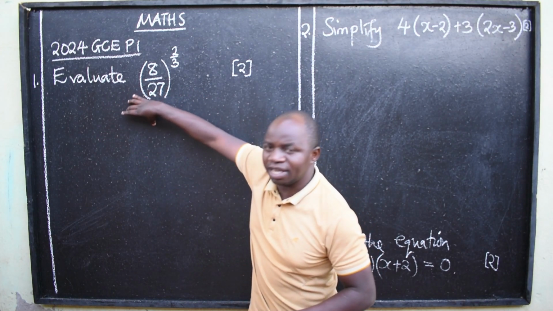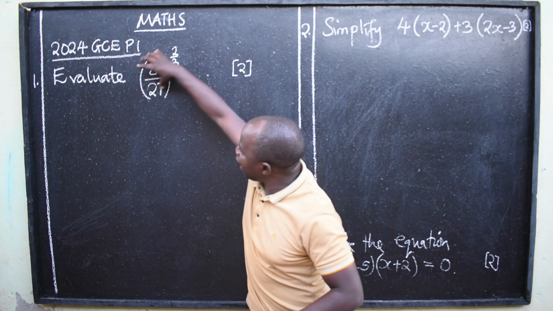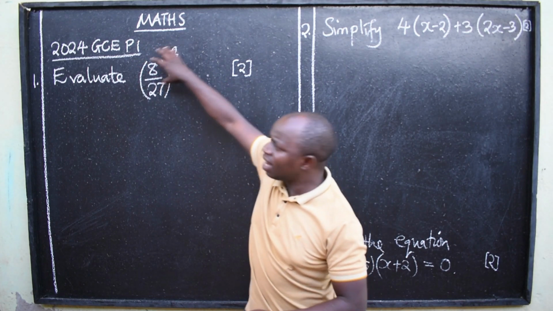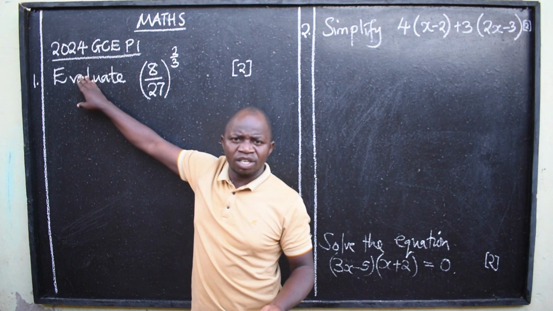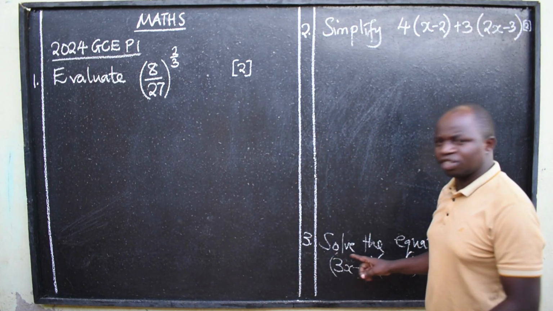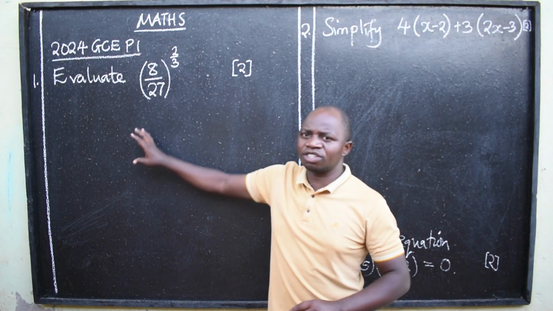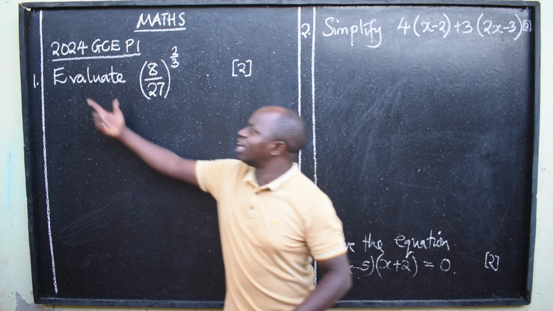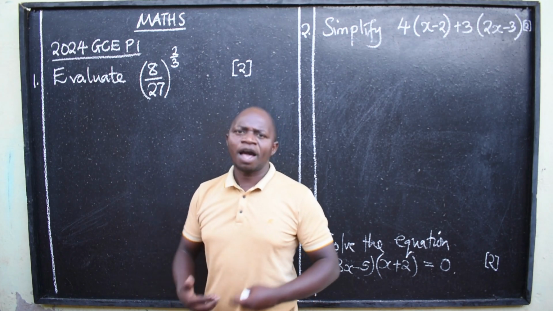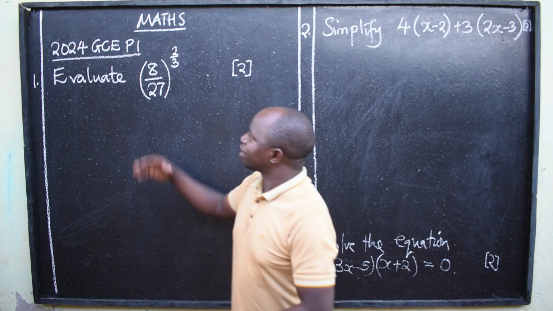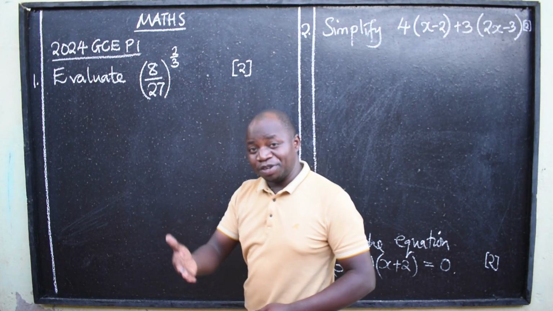They are telling me to find the exact value here. That is to evaluate. You are not solving, so please don't start solving this. No, you are evaluating. How? Well, you should be seeing what I'll be doing.